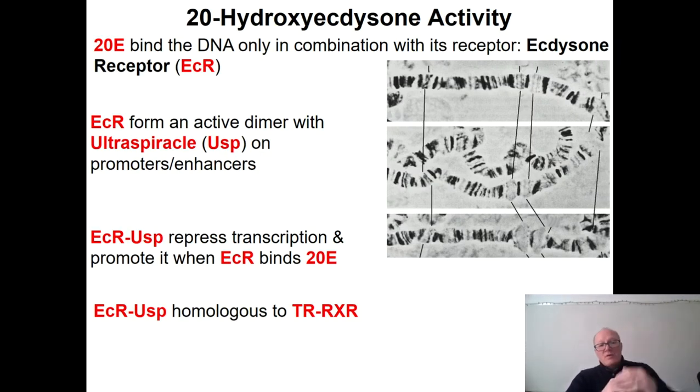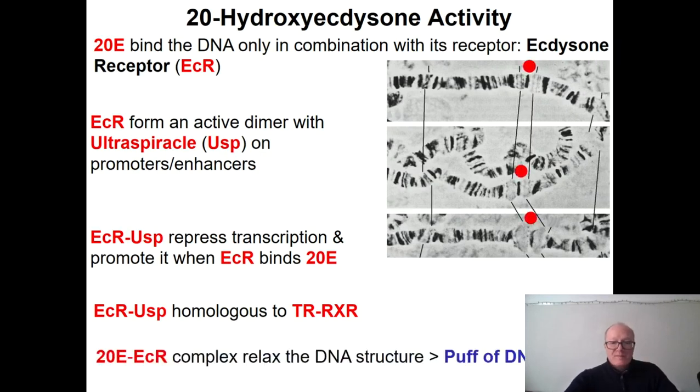But when the thyroid hormone comes, when T3 comes, then those target genes become active. Similar here, we have the ECR, the ecdysone receptor, with ultraspiracle sitting on target genes and repressing their activity. But these target genes become active once ecdysone arrives and binds the ecdysone receptor.